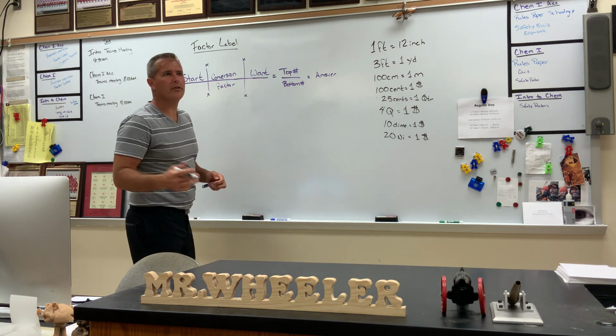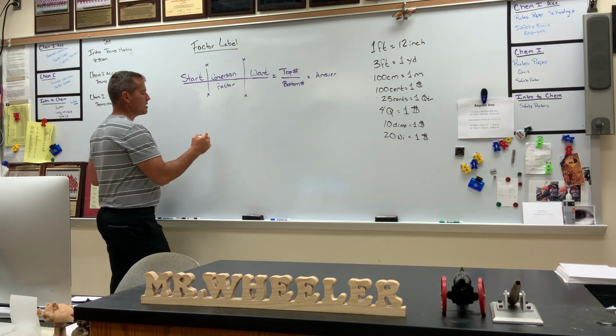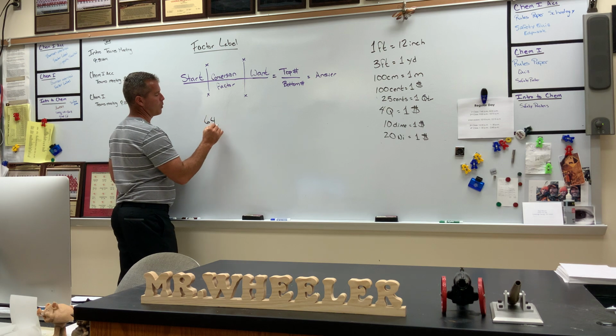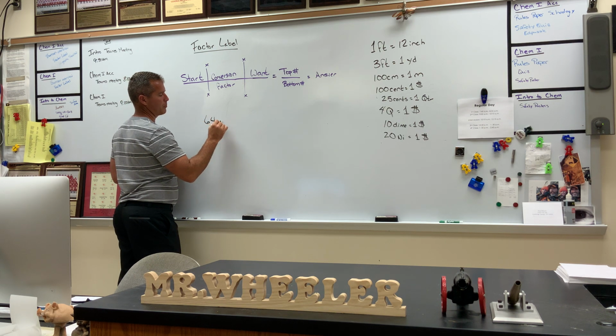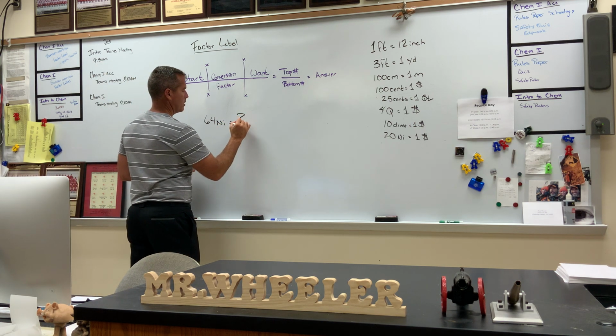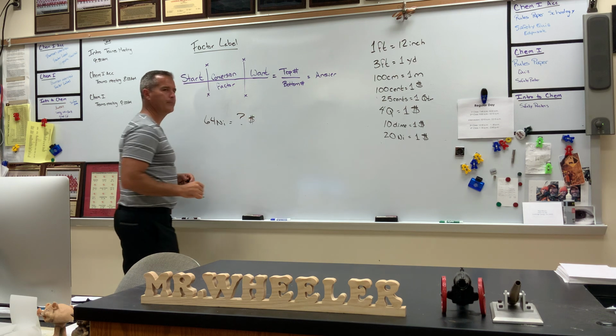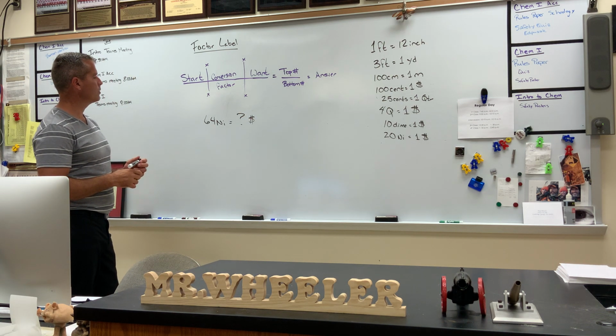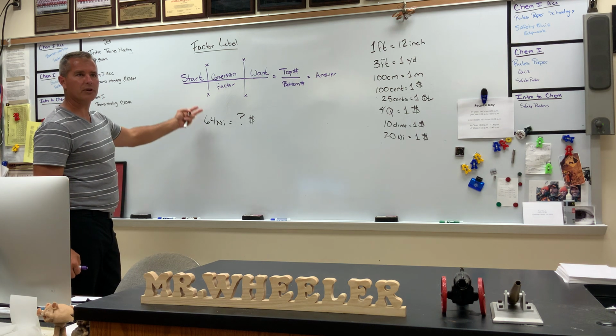And we'll start with money real quick. Let's say you had 64 nickels. I abbreviated them NI. And I want to know how many dollars is that? Well, we're starting with nickels.